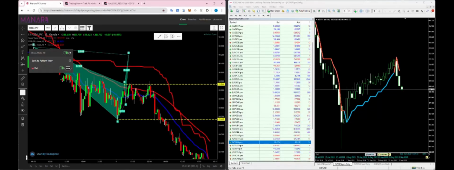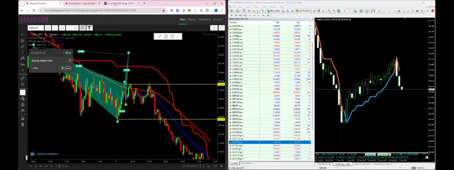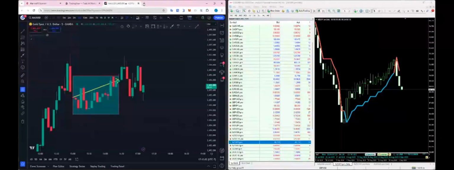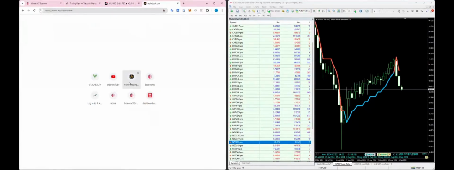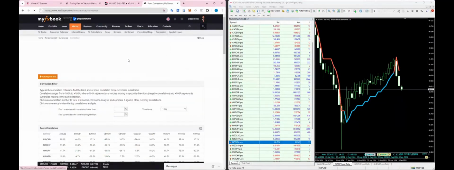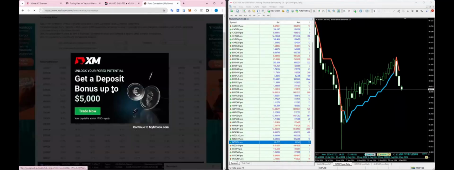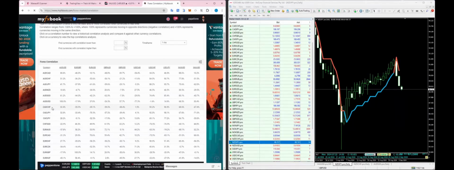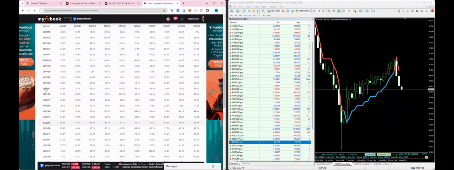But not only that, I like to check the correlation. So from NZDJPY, if we go back, let's go check the correlation. And the correlation is right here. We see NZDJPY, down here.